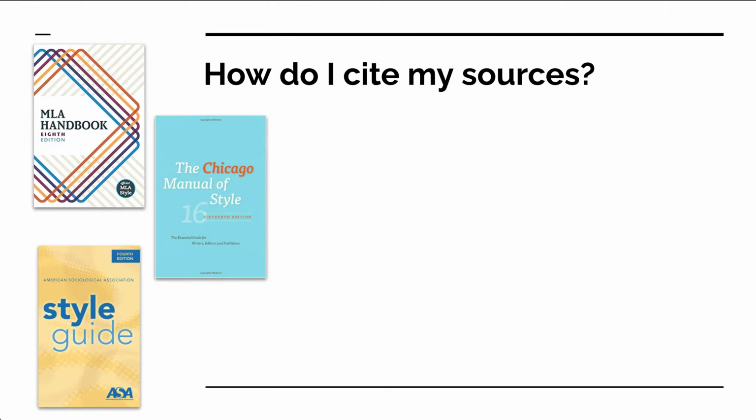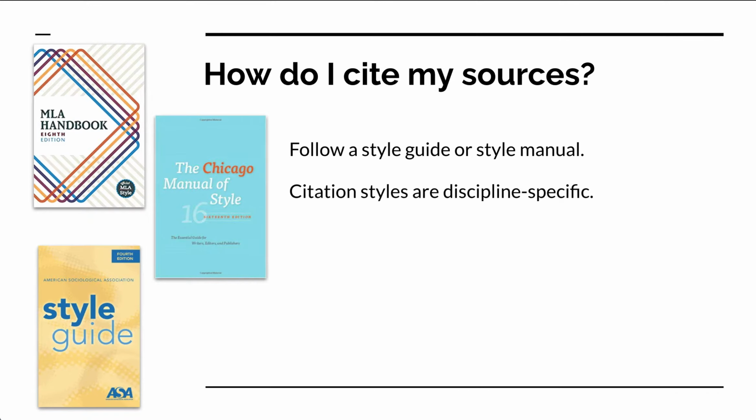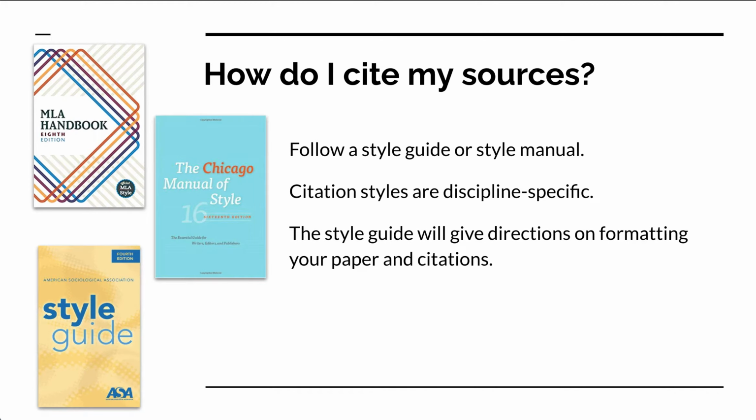So how do I cite my sources? The simplest answer is you'll want to follow a style guide or style manual. Style guides and style manuals are discipline specific, and they give you directions on how to format your research paper and your citations.